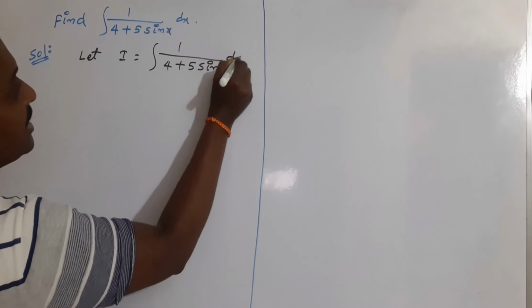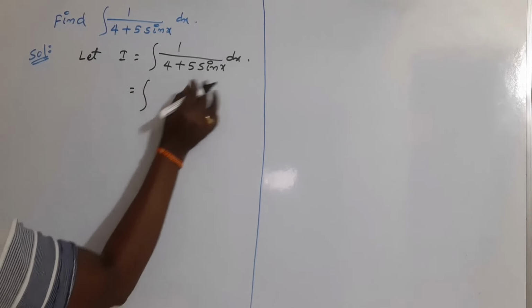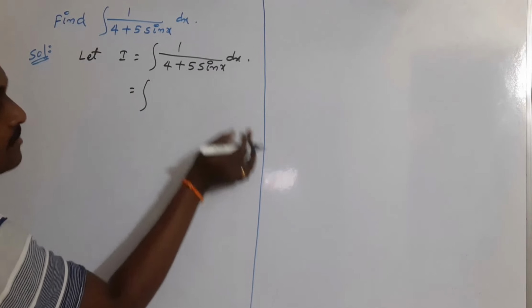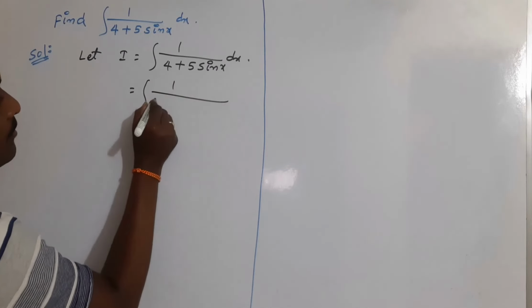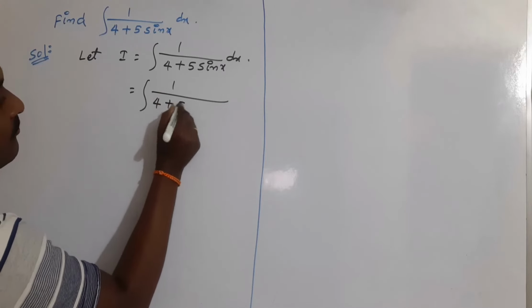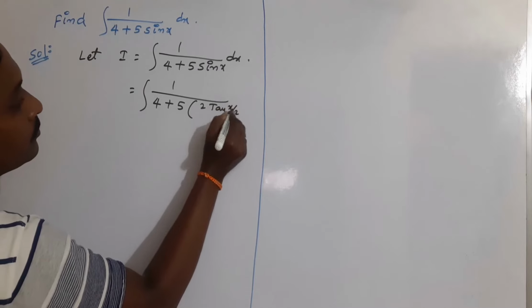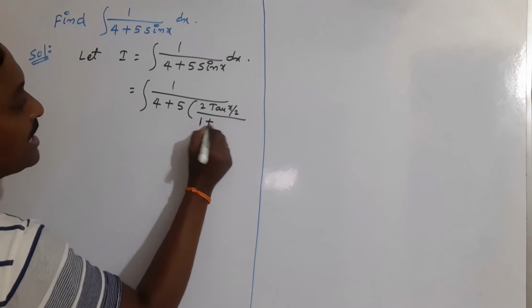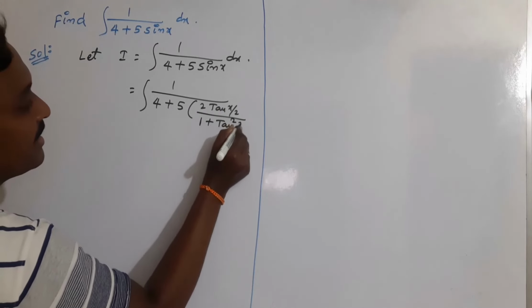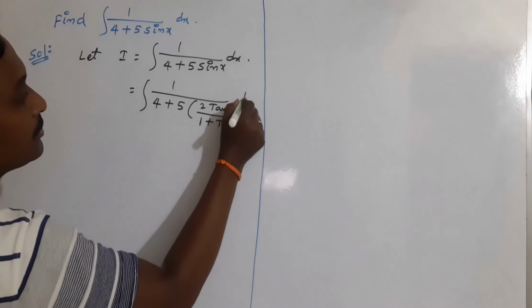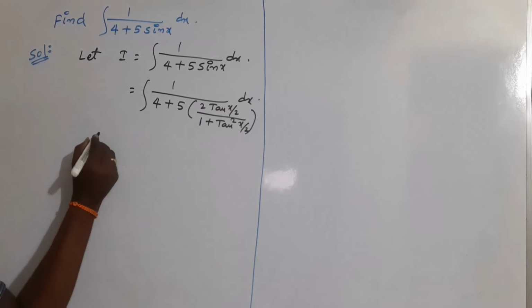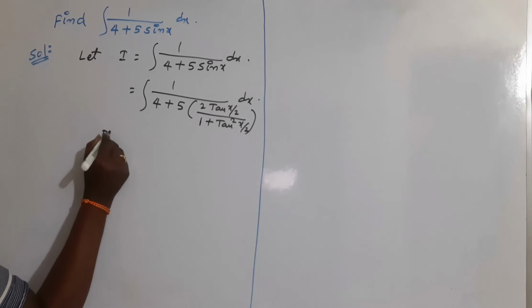So immediately you should replace the formula of sin x in terms of tan. 1 by 4 plus 5 into 2 tan x by 2 by 1 plus tan square x by 2 whole into dx. So we should take tan x by 2 is equal to t now.